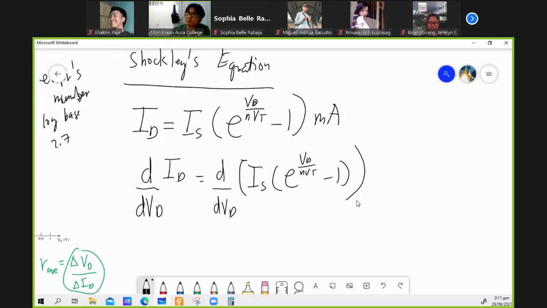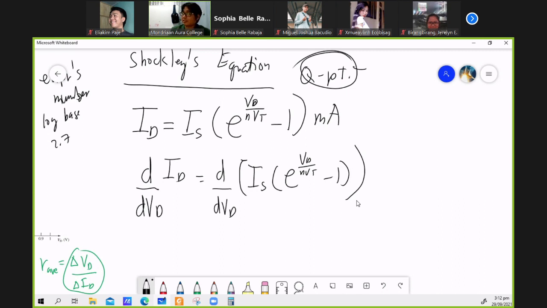But before we continue, i-identify muna natin yung ibang parameters. Ano ba yung VD? This is the DC diode voltage. So nakikita nyo na, no? Ang AC resistance natin, makukuha natin by using the DC value of current and DC value of voltage. Kasi nga, yung DC value of current at DC value of voltage defines what? Your Q point.